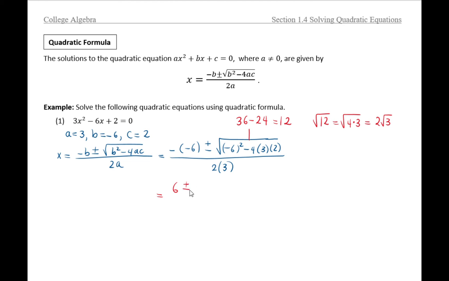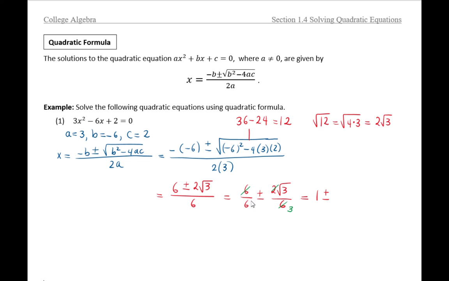So we get 6 plus or minus 2 square root of 3 divided by 6. See, you can divide each one by 6. Now I have 6 over 6 plus or minus 2 square root of 3 over 6. So 6 over 6 is 1, plus or minus 2 over 6 is 1 over 3. These two will cancel and I got 3 here.